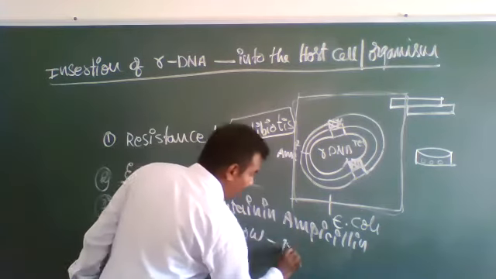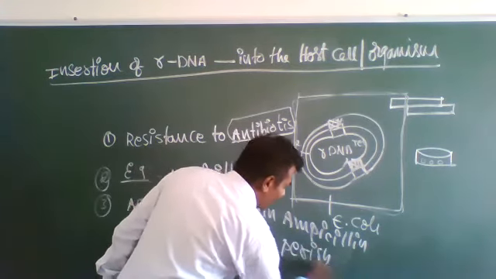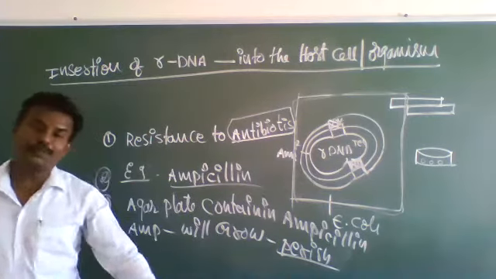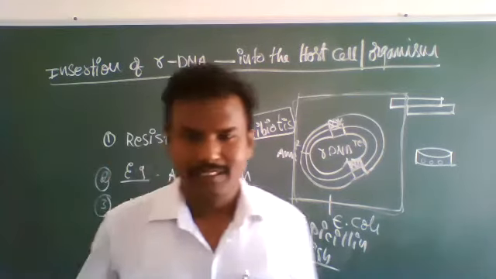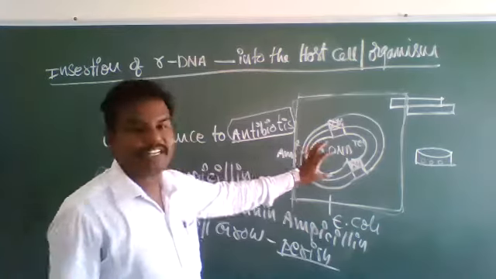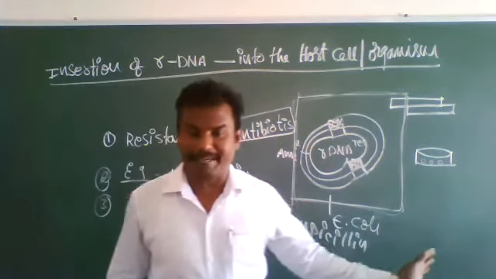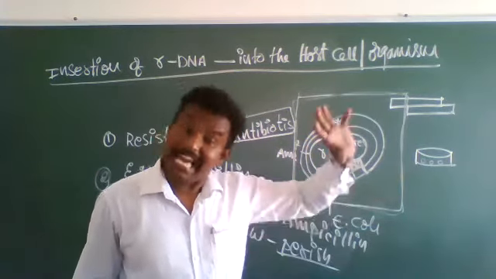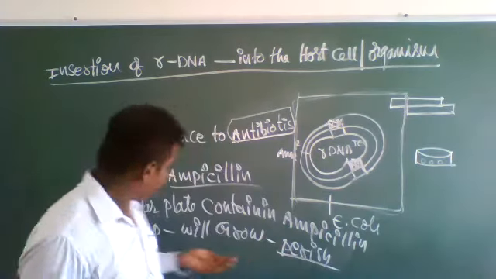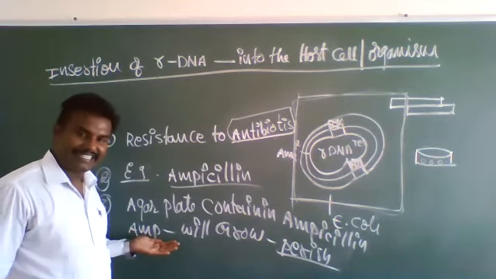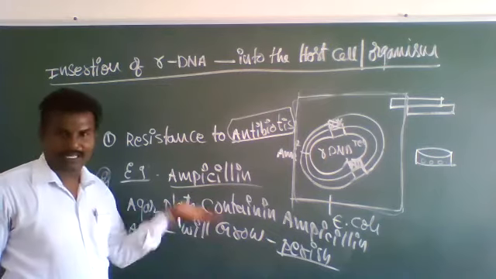Others will perish. Perish means die. So only when this recombinant DNA is transferred onto the agar plate containing ampicillin will the ampicillin-containing gene grow on the agar plate.